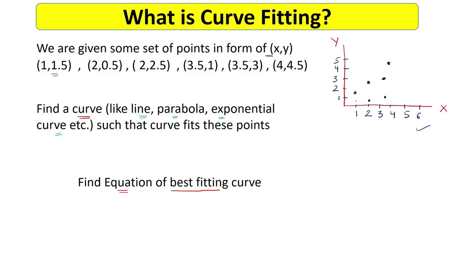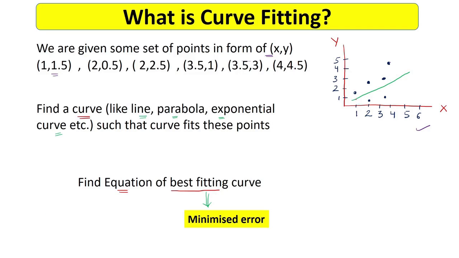What does that mean? The best fitting curve is the curve which minimizes the error. For example, I can draw a straight line and say this is the curve satisfying all these data points, or I can draw another line this way. There can be many such lines.